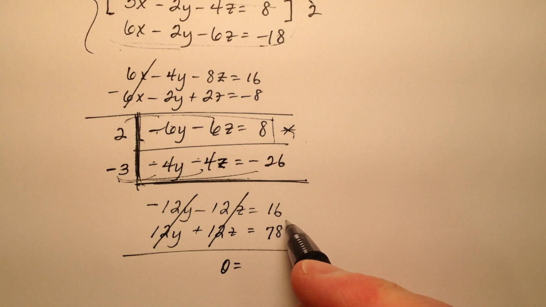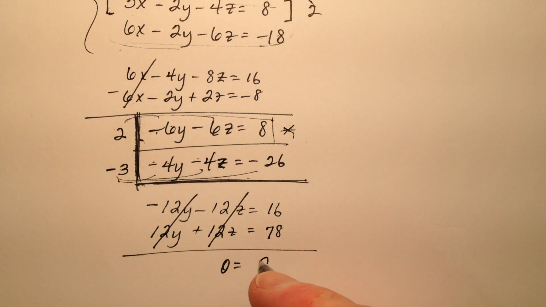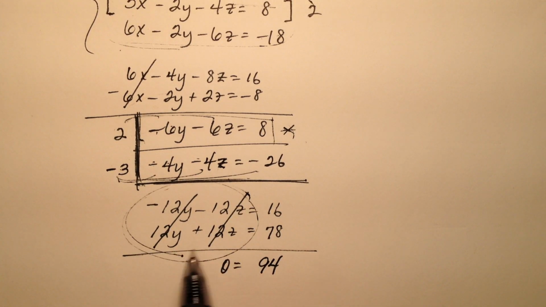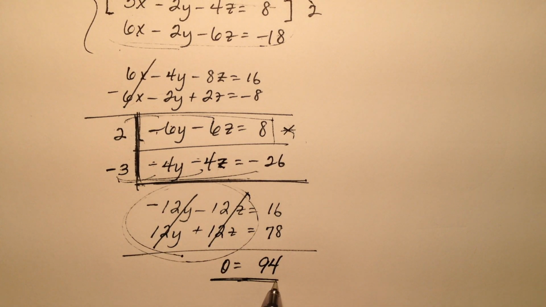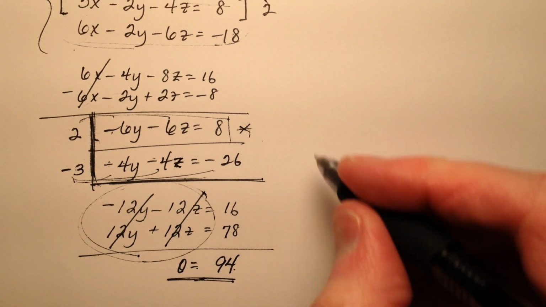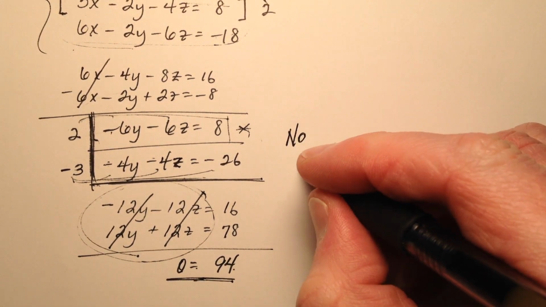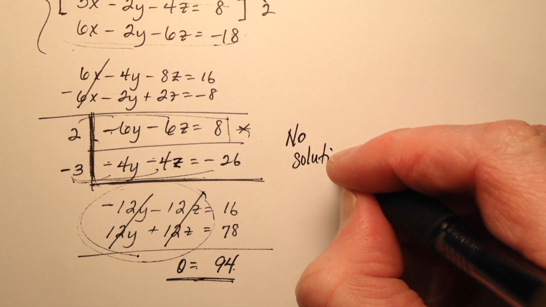And on the right side, I'm going to have, it looks like, 94? So all my variables canceled, and I was left with a false statement because 0 does not equal 94. So in that case, I know this system has no solution.